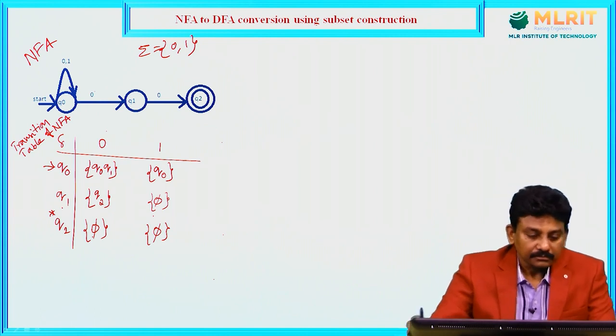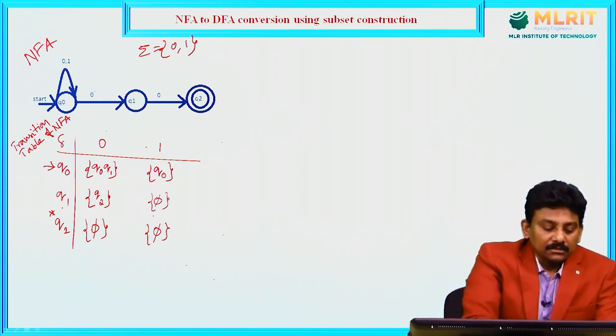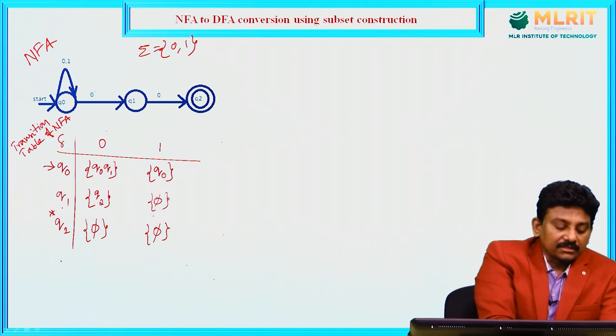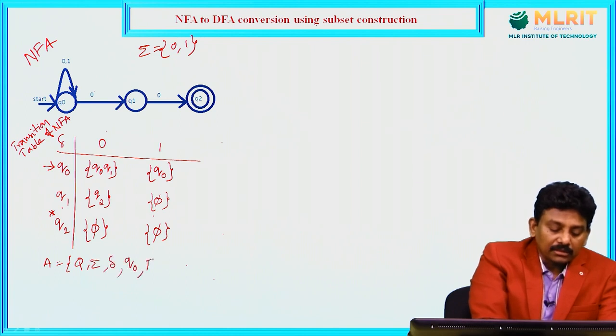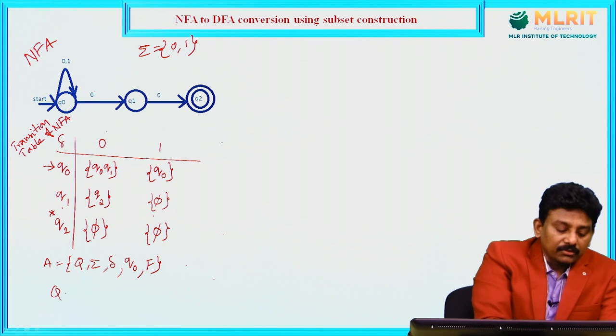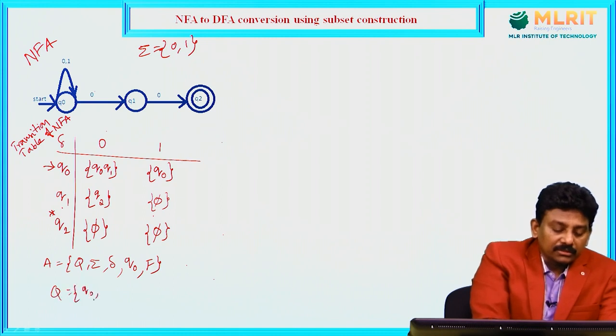This NFA has three states. The definition of an NFA is Q, sigma, delta, Q naught and F. Here Q is the set of states Q naught, Q1, Q2.